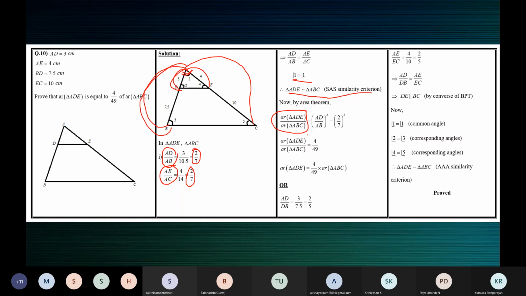ADE, ABC, AD is 3. Why have I written 2? Okay, 3 by what is AB, children? AB is 10.5. Oh, I don't know how I've made this mistake.